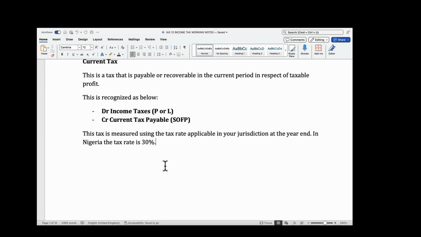However, the only challenge we have with current taxes is that they are usually not paid that year. And the reason why they are not paid that year is for two reasons. Number one, it's only after the year end that you can determine your taxable profits.